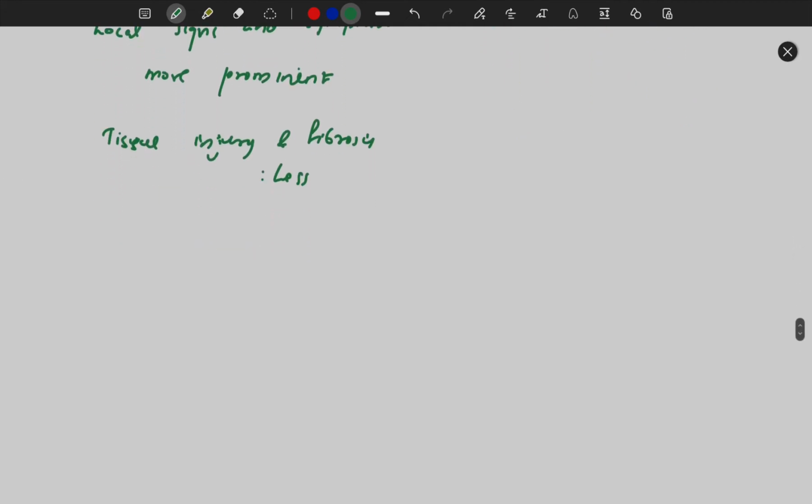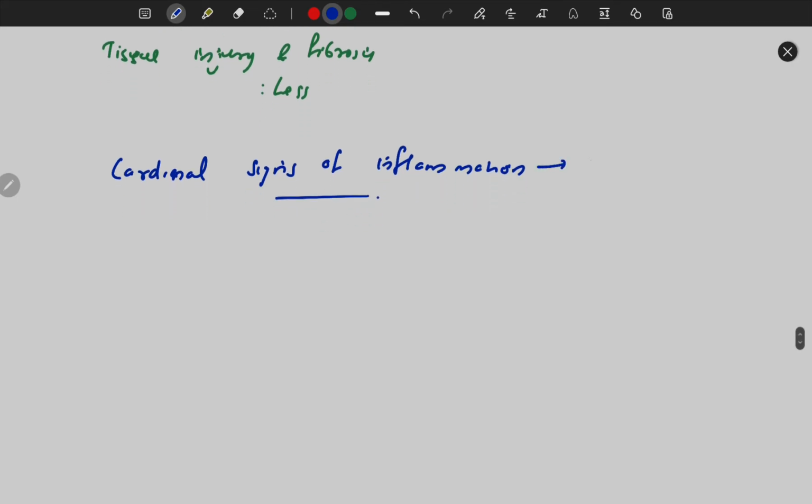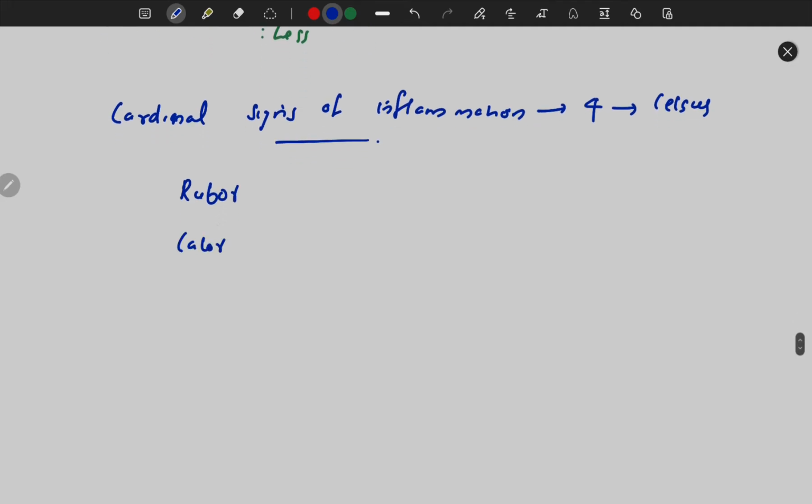So, what are the cardinal signs of inflammation? There are four cardinal signs of inflammation given by Celsus. They are rubor, calor, dolor, tumor.